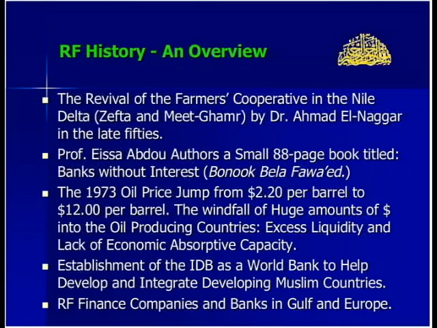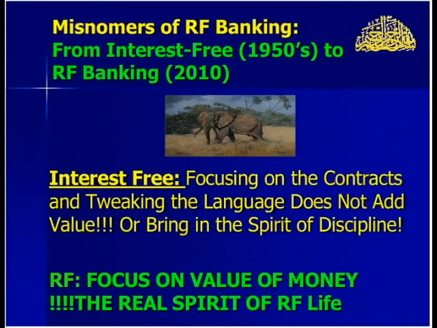And then I remember I read my first book on the subject in 1959, by a very revered professor. His name is Yahia Abdul, who was of the Christian faith at the time, and he got attracted to the idea of riba-free banking. He wrote a book called Banks Without Interest in 88 pages. And then, of course, the oil price jumped and what happened, and then the IDB. I'm going to let you read.